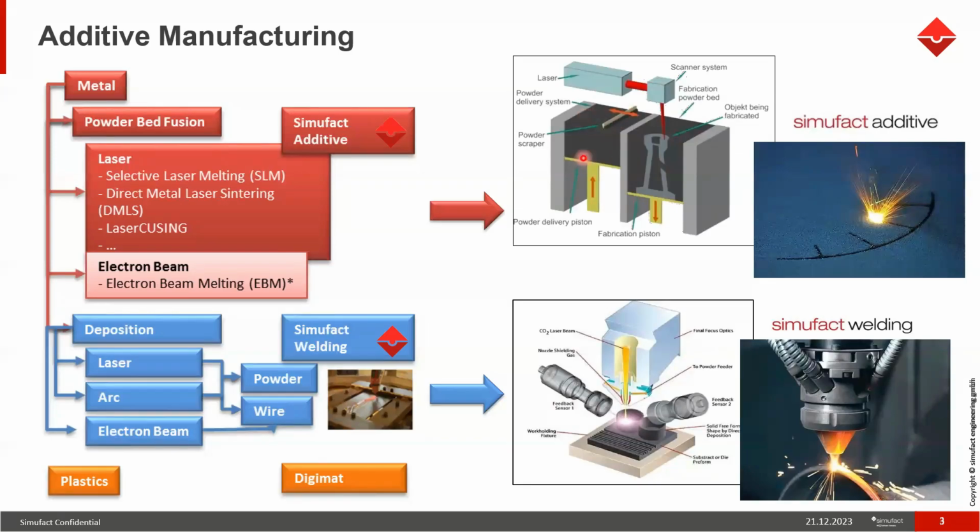In the delivery system, the piston or this mechanism will move up, and the recoater will supply the powder to this particular chamber.